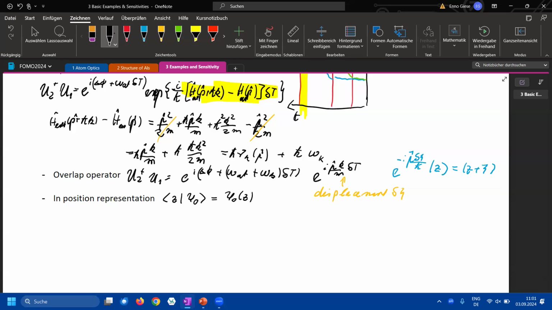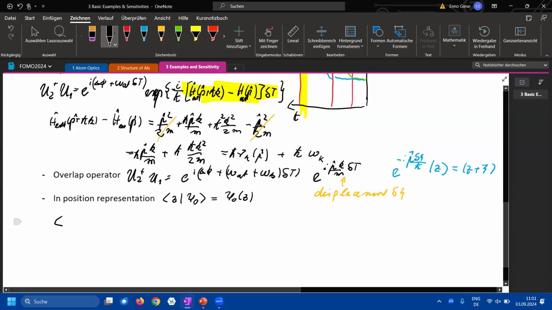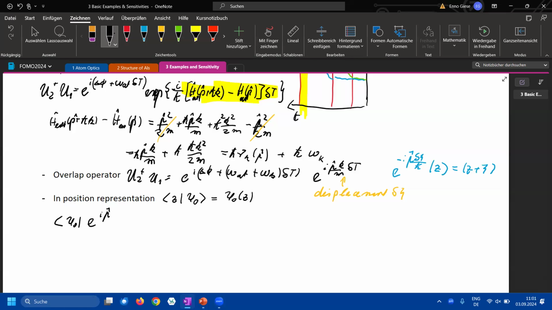We just can calculate this expectation value, and that is psi naught times e to the i p times k times delta t divided by m psi naught, and we can just calculate this by calculating the scalar product, integral dz psi naught star of z times psi naught of z plus delta zeta.